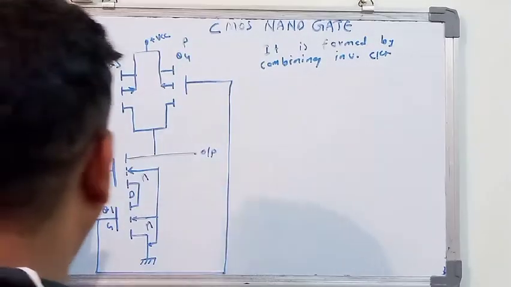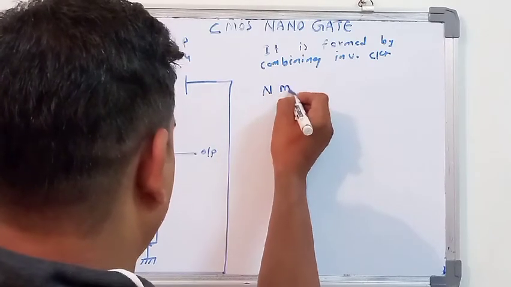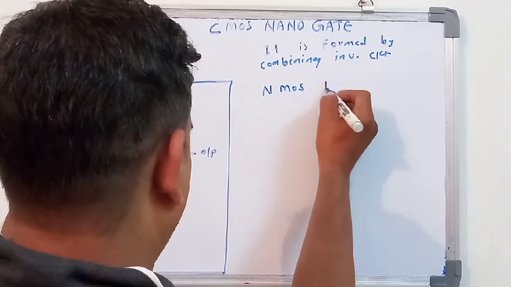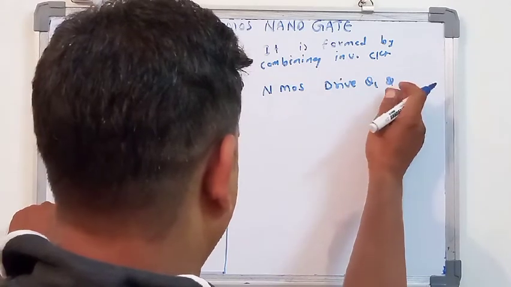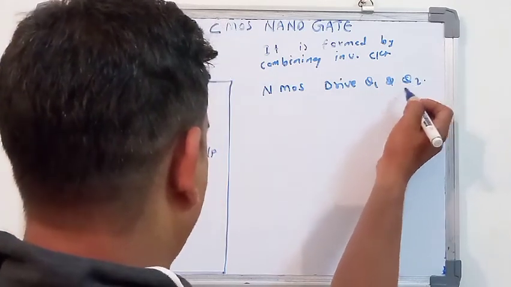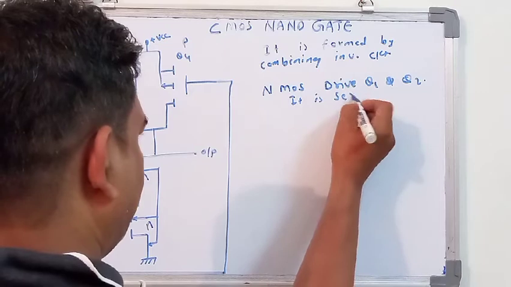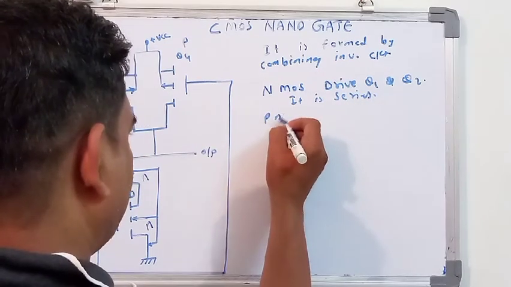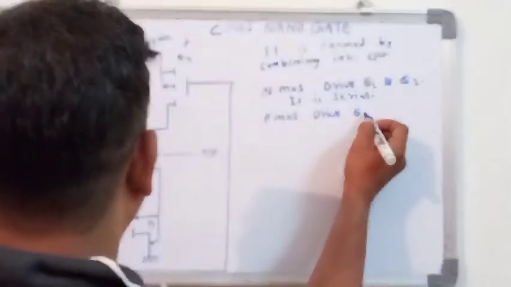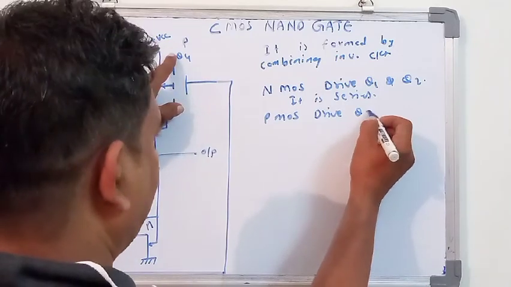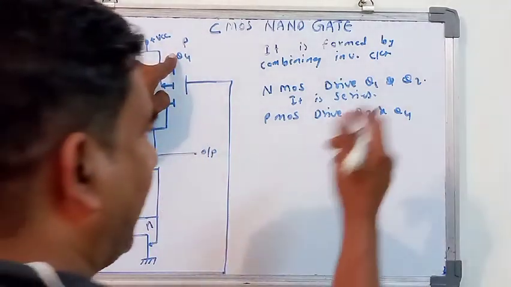Students, which are those particular things? The N channel NMOS drives Q1 and Q2, which are in series, and the PMOS drives Q3 and Q4, which are connected in parallel.